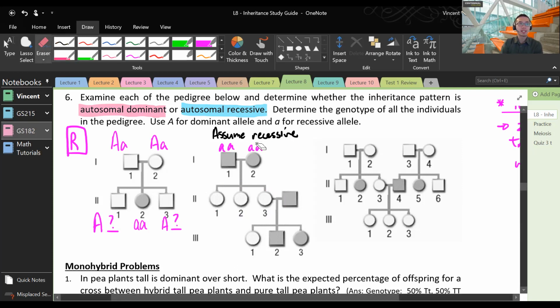It cannot be recessive. Okay, so I'm going to make a note here, right?